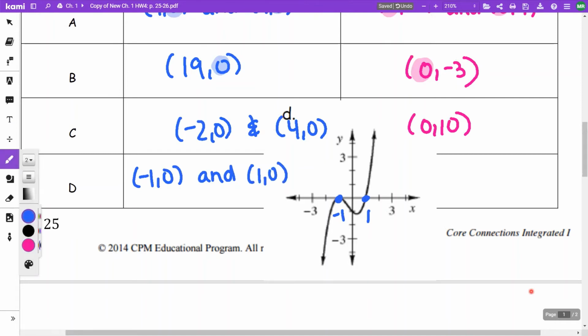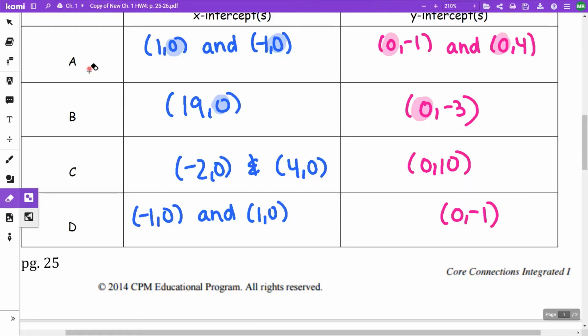Then my y-intercept is going to be right here because that's where it is going to cross the y-axis. And that point is going to be at 0, comma -1. So x-intercepts, notice again, all of them have a y that is 0. Y-intercepts, all of them have an x that is 0.